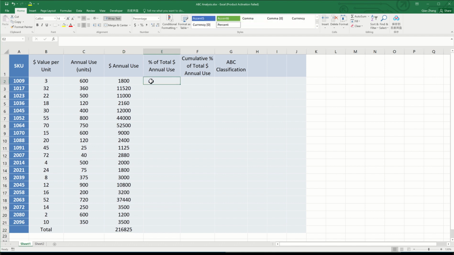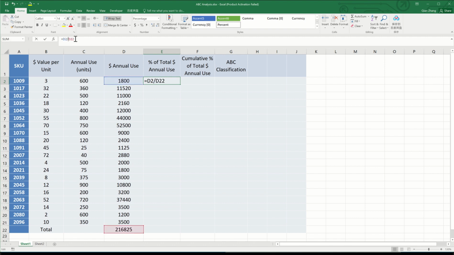We need to calculate the percentage of dollar use for the total value. So it equals the dollar annual use for a SKU divided by the total dollar annual use you have for all SKUs. So we have 8.83%. This is the percentage of total value, and we can calculate all of them.